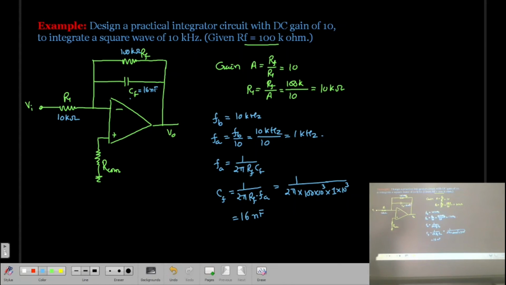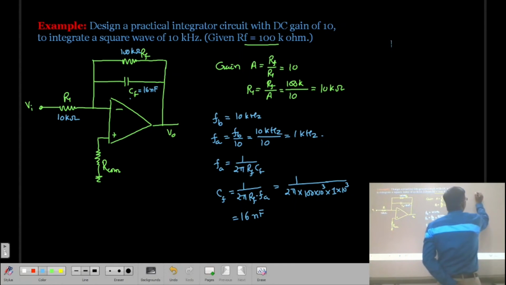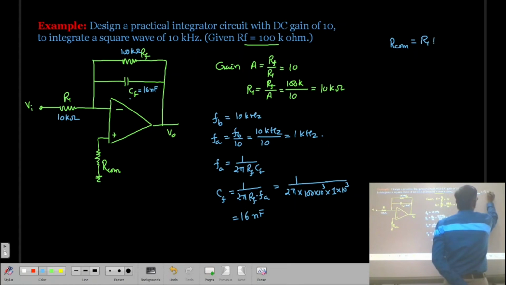Correct? Now, what is R compensation? I already mentioned that R compensation is for reducing the effect of the bias current. So R compensation is given by R1 parallel RF. So this is R1 into RF divided by R1 plus RF.